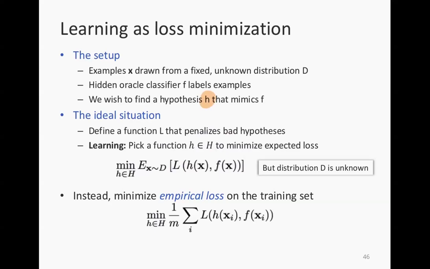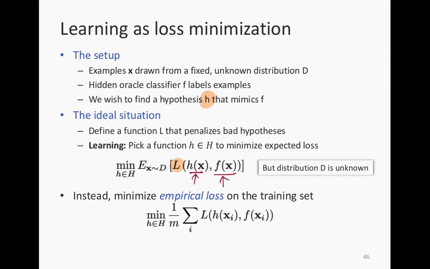In a perfect world, you might want to minimize this loss L, which penalizes H for whatever predictions it makes. The loss is a function that takes the ground truth and the prediction. Sorry, this thing is the prediction, this is the ground truth.